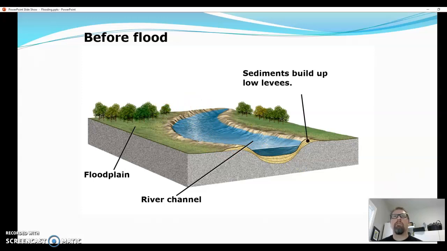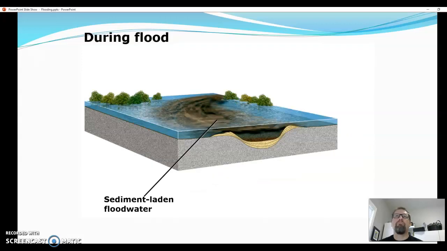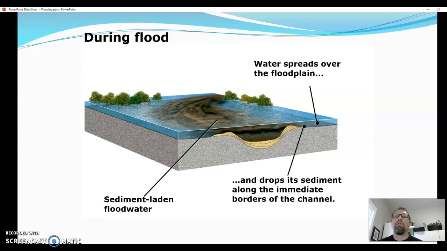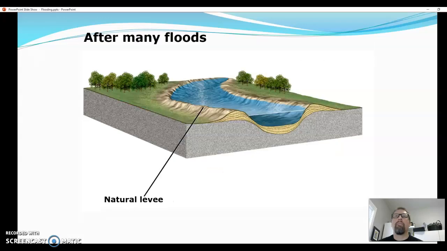And over time, sediments build up these natural levees along the channel. As water overflows the channel, it deposits more sediment, and that natural levee builds up over time.